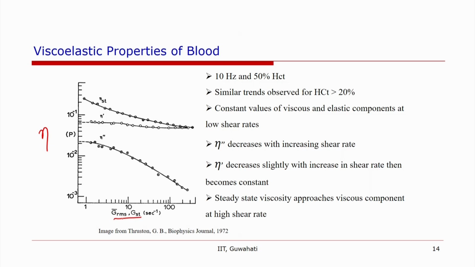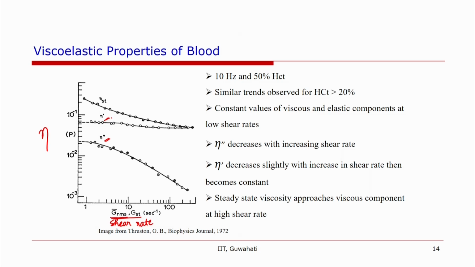So, the shear rate is the RMS value of the oscillatory shear, and under this oscillatory shear what has been plotted is the viscous, that is the real, and the imaginary, that is the elastic component of viscosity.